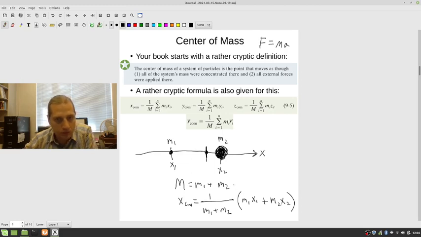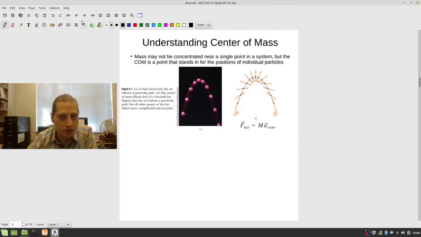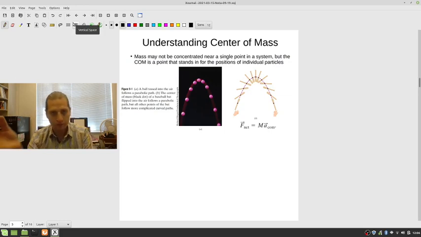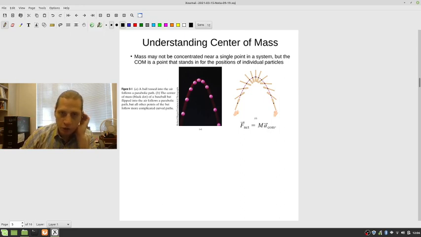So let's look at a more specific example in a couple slides, but just to say it again, why are we doing this? Well, so far in this course, we've just been describing objects where the mass can be considered as just a single point.